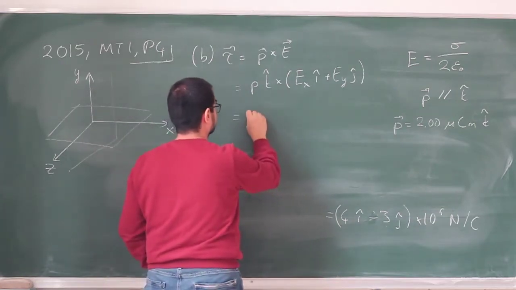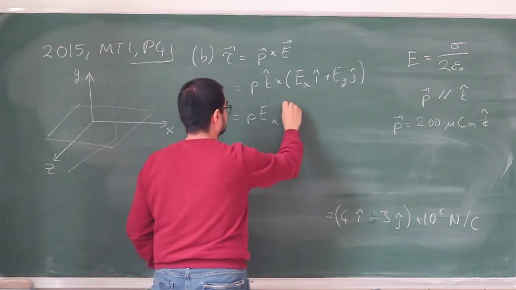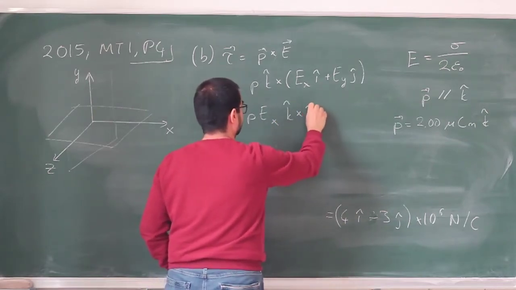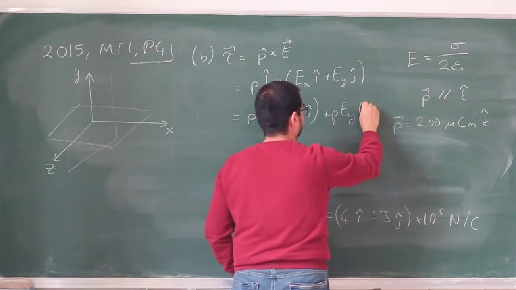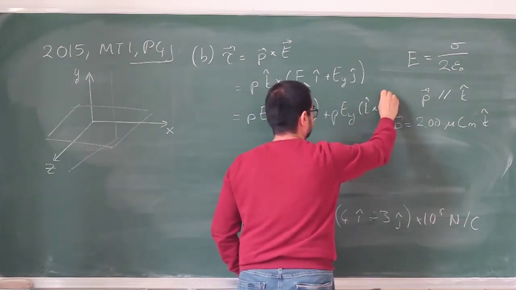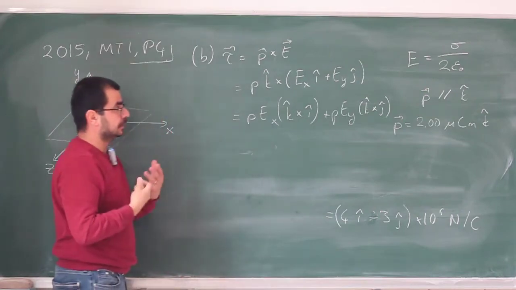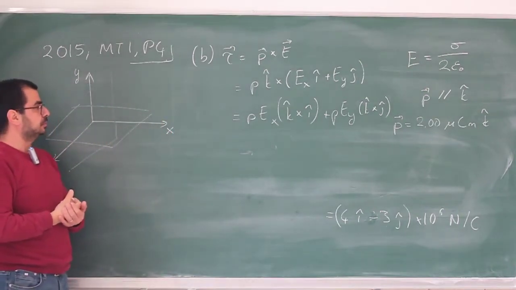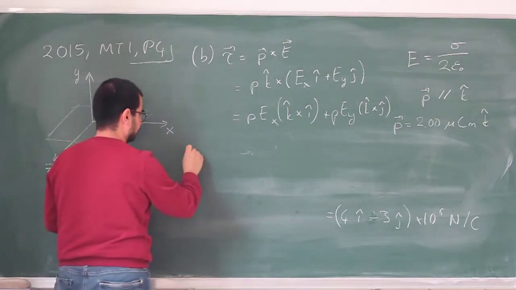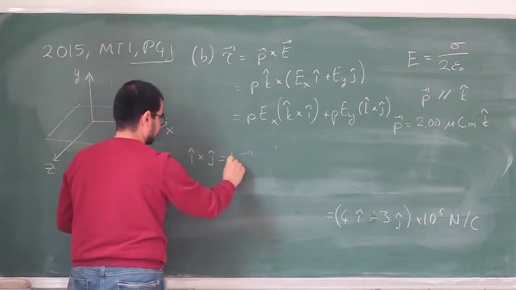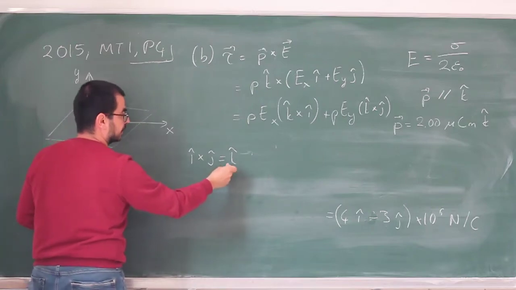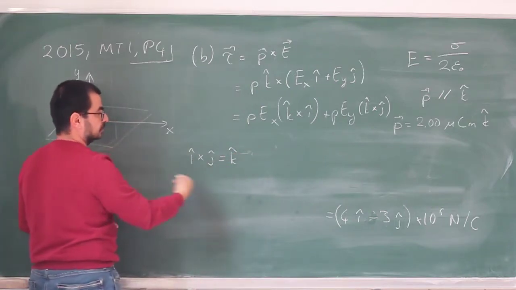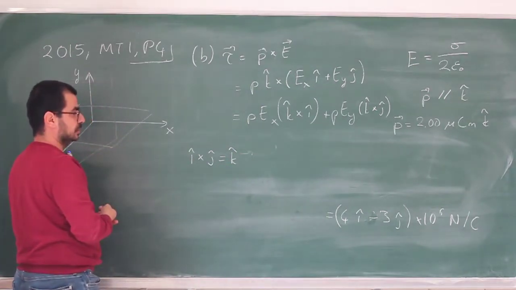So this is going to be P Ex k cross i hat plus P Ey k cross j hat. Okay? And then you need to recall the rule for cross product. So i cross j gives k, and if you flip these two, then you pick up a negative sign here, and the cyclic permutations of this is also correct.